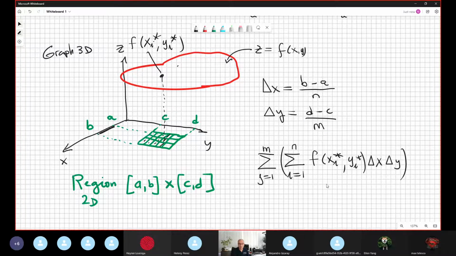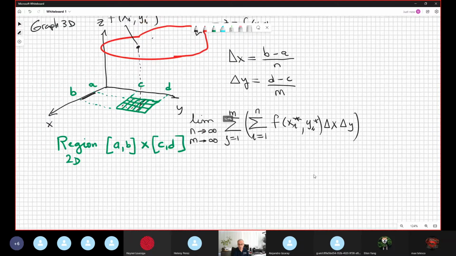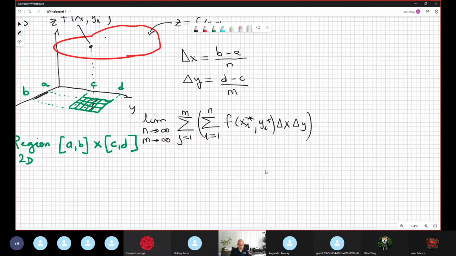Then you apply the limit. It's the magic of the integral calculus, when n approaches infinity and m approaches infinity. So you are doing the infinitesimal square or rectangle, very, very small, and magically, using the same idea, it becomes a double integral.